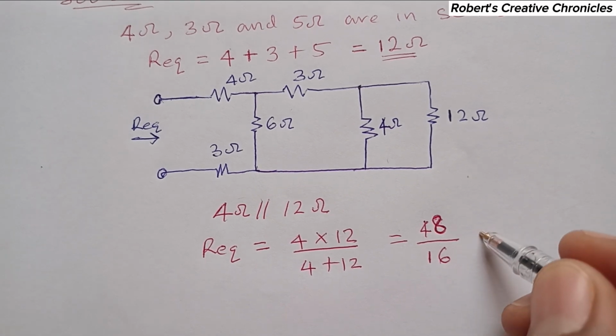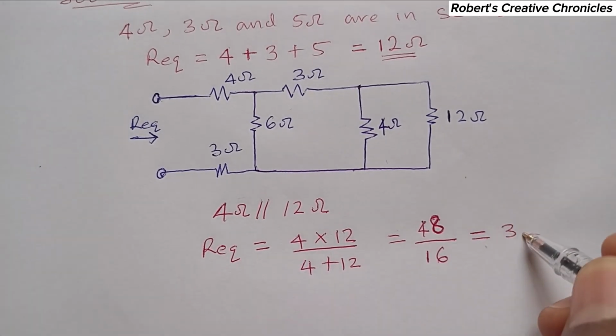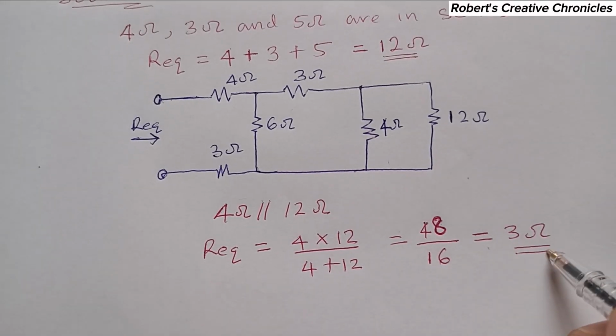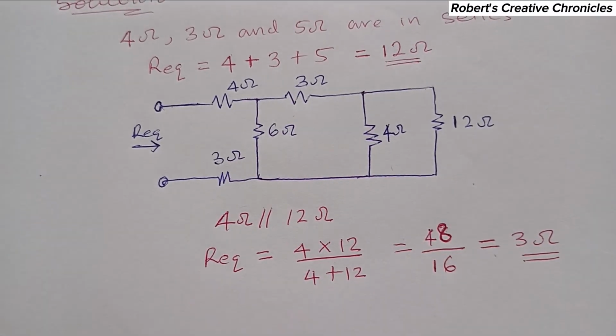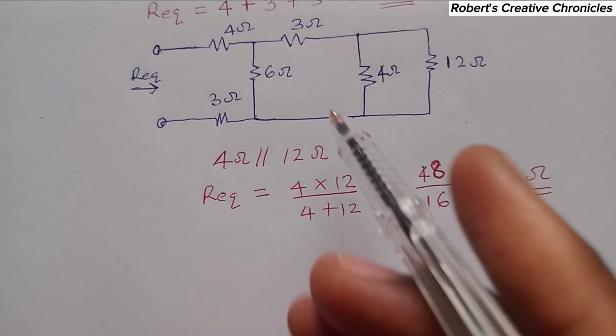So 48 over 16 is 3 ohms. So the equivalent of these two is 3 ohms. We will redraw the circuit.